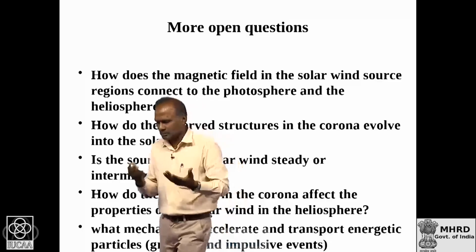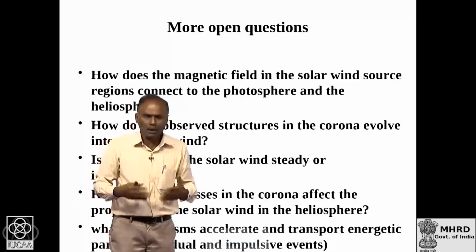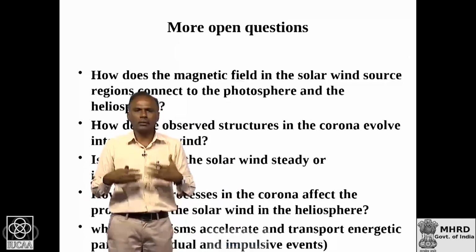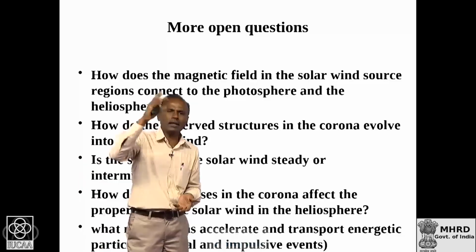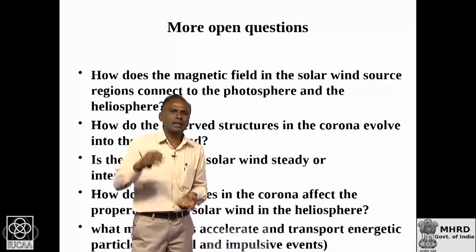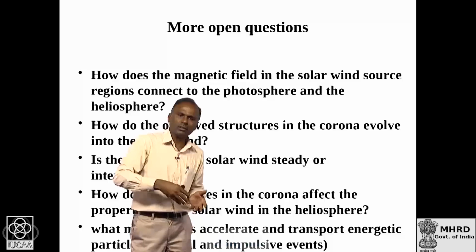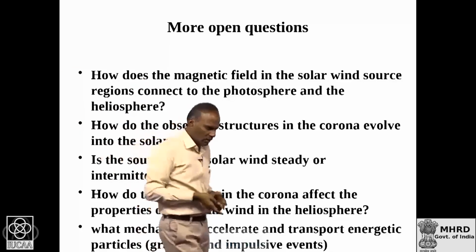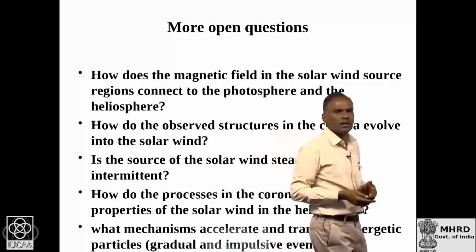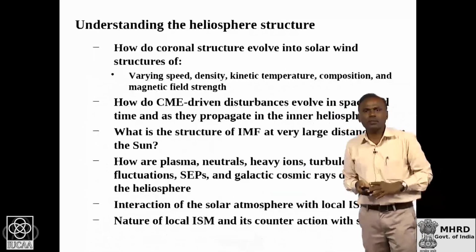Sometimes the particle event can be a gradual event, or sometimes an impulsive event. Impulsive event means a sudden increase in particle flux. Gradual event means they keep on accelerating the particles even for a couple of days. So, these are all open questions.